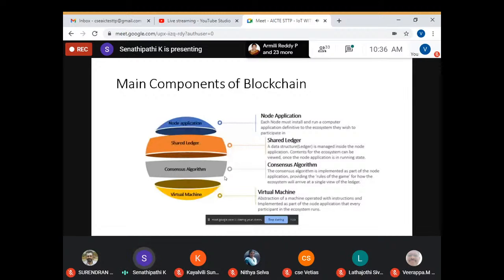The last one is a virtual machine, the final logical component of the blockchain ecosystem. It acts as a bucket or container where all the logical components rest and act. These are the important components of blockchain technology.